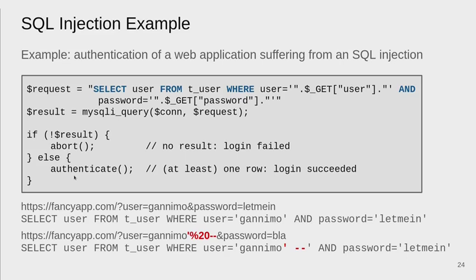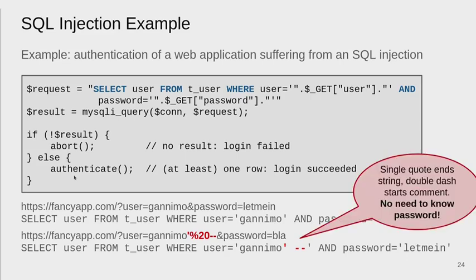This turns the SQL string sent to the database into select user from tuser where user equals Ganimo, end quote, and then tells the database server, please treat the rest of this line as a comment. And this will automatically validate the password, validate the session.